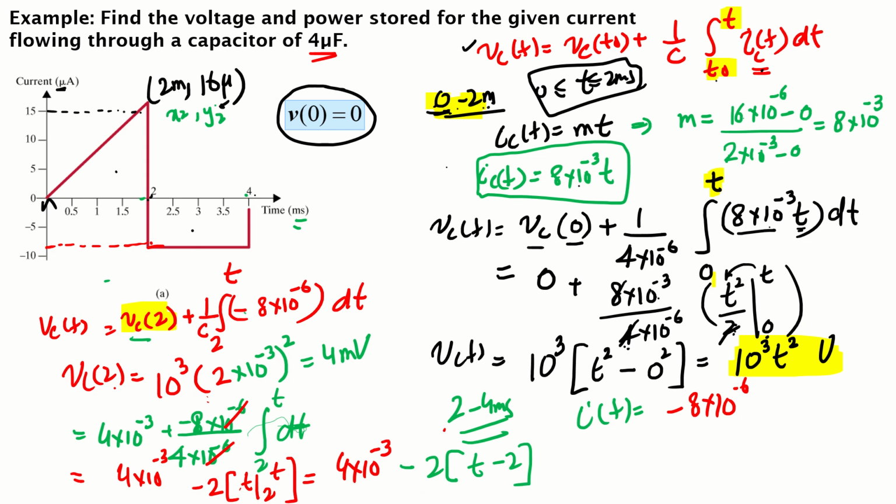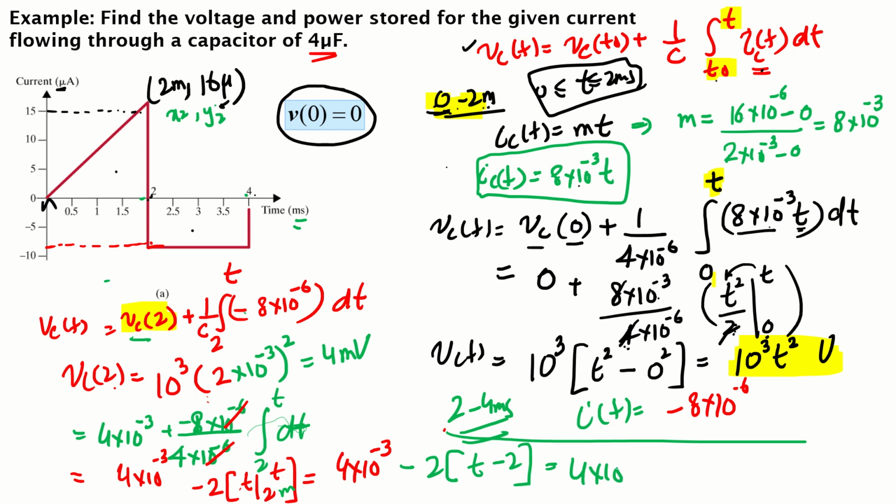Further simplification: again the time is in milli, so 2 milli times 2 gives 4.